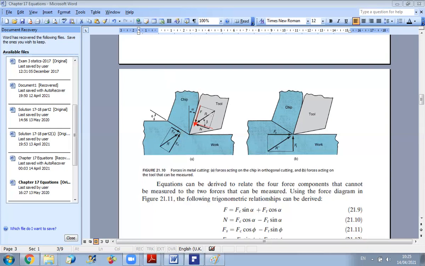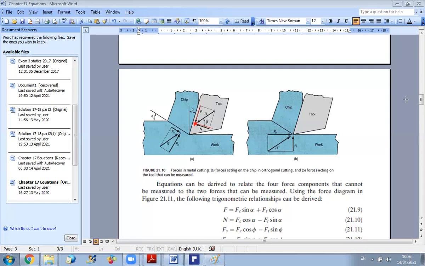Okay, so for the action of the tool on the chip, you define friction and normal, and the angle between the normal and the resultant force is angle beta. So beta is determined by the ratio: we can say that tangent of beta is F over N. Okay. And we know that F over N gives us the friction coefficient, because the definition of the friction coefficient is that the friction force is equal to the coefficient of friction times the normal force.